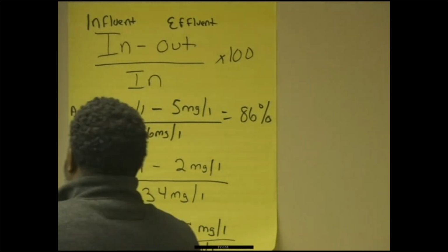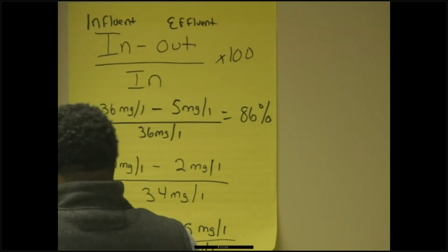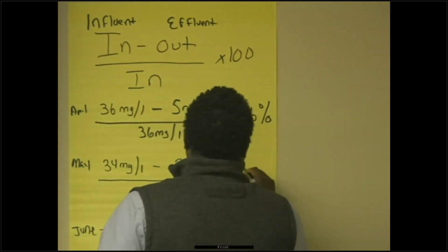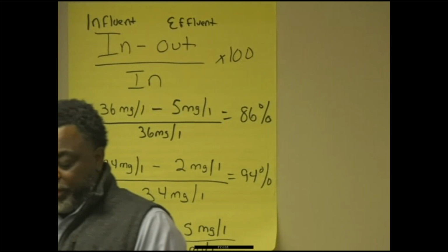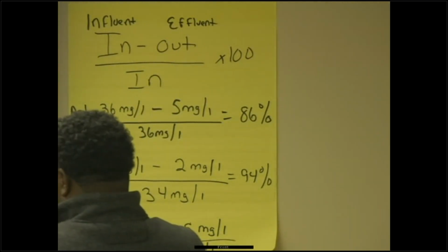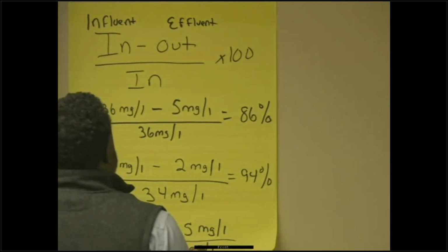For the month of May, 34 minus 2 equals 32 divided by 34 equals 94%. And finally, in June, 134 minus 5, 129 divided by 134 equals 96%.